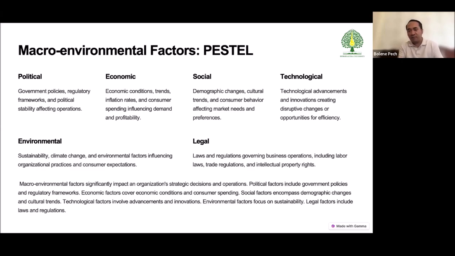Even in technology, we are similar or even more advanced than some countries. Technology is fair enough that if you want to take it, you can, and we are not far behind other countries; we can move at the same pace. But to me, two areas we need to look at are environmental and the legal part.